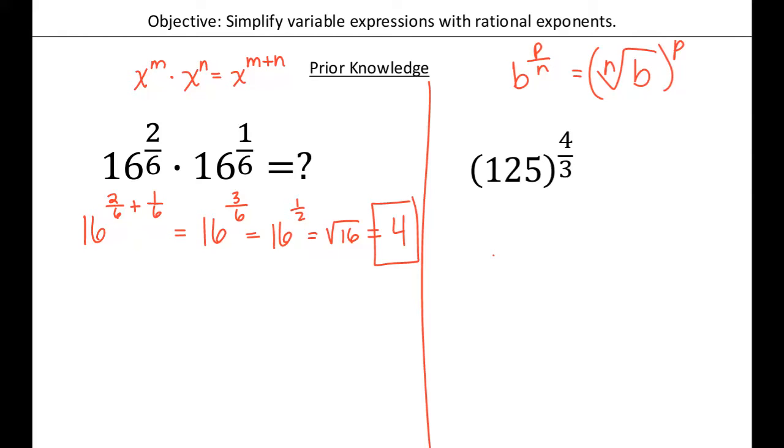So take the fraction, the denominator is your index, and the numerator is your exponent power, okay? So I'm going to take the denominator part, the 3, and change it to the cube root of 125 raised to the 4th power.